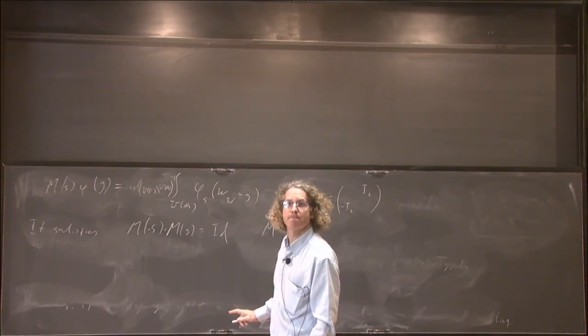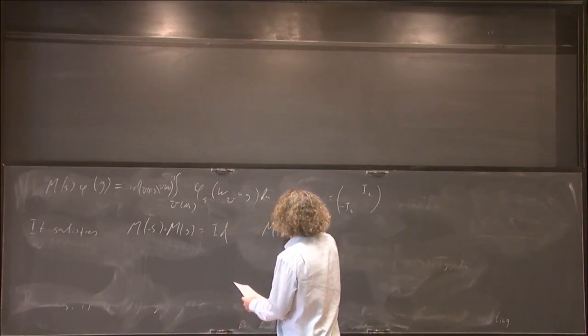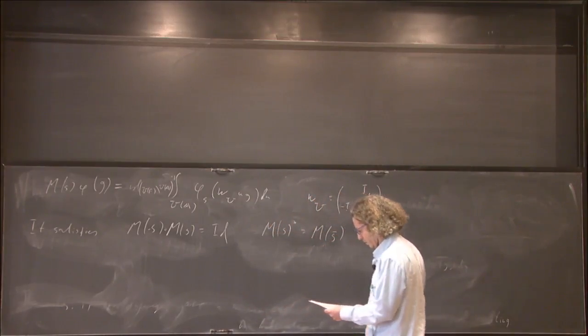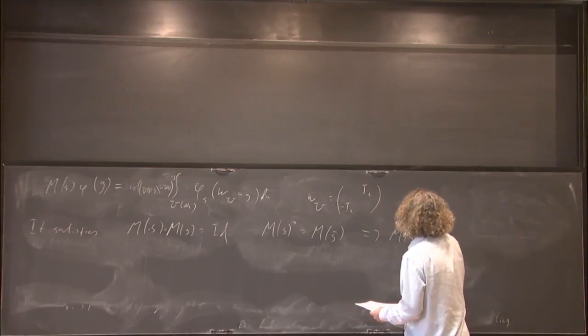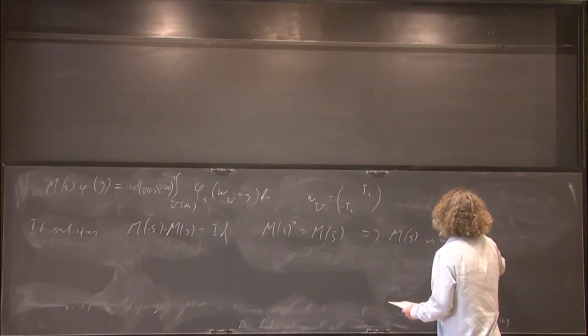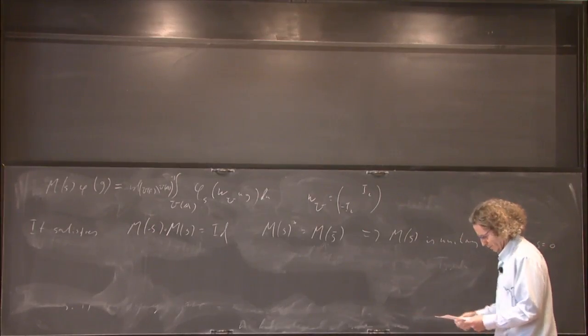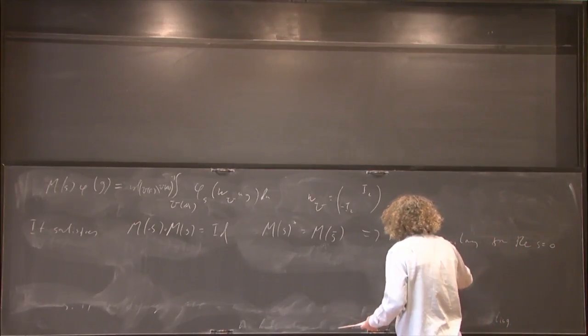Sorry? The U. Yep. Thank you. And M_s star is M_{\bar s}. I mean, this is a simple adjointness formula. So it means that M_s is unitary for real s equals 0. Of course, after you meromorphically continue it, and so in particular holomorphic.